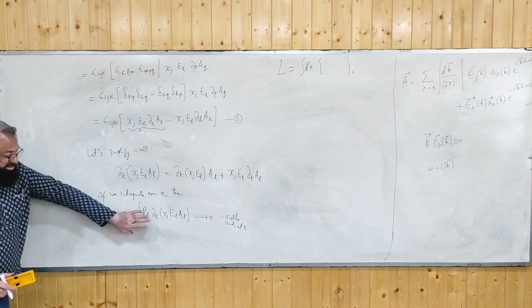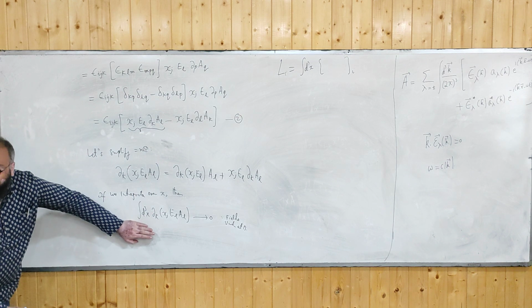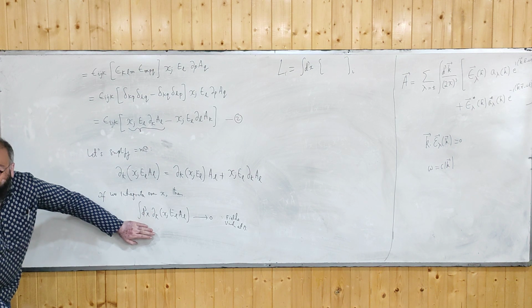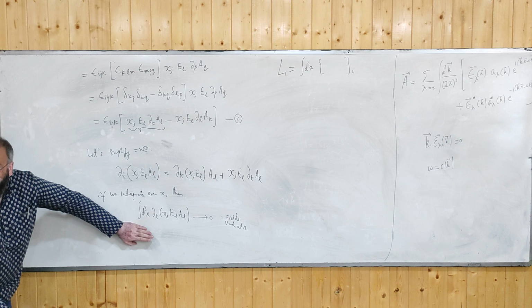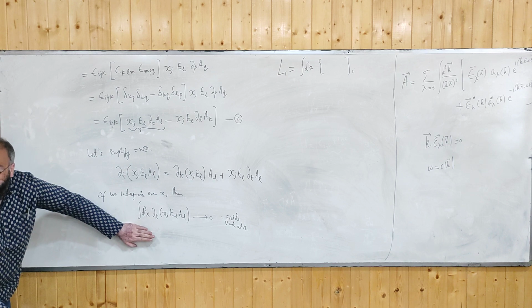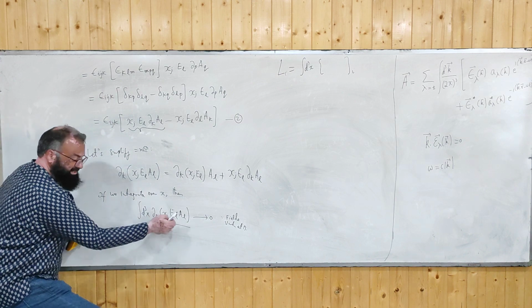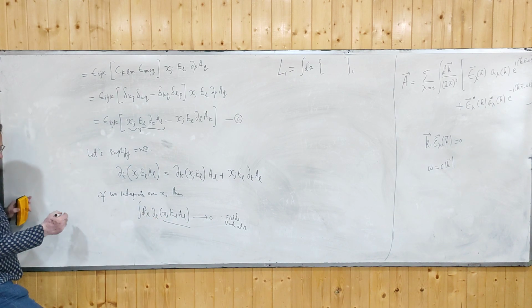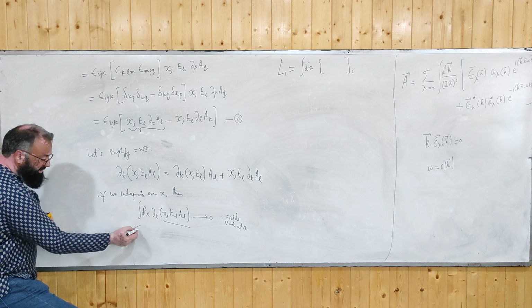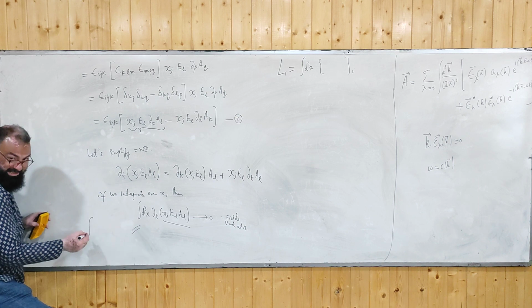So do you feel this will go to 0? Do you think so? Do you think it goes to 0 on the boundary? Now look here, since it's actually del dot something, is it? So this very term goes as some surface integral.